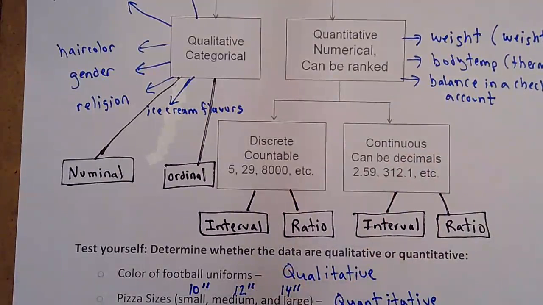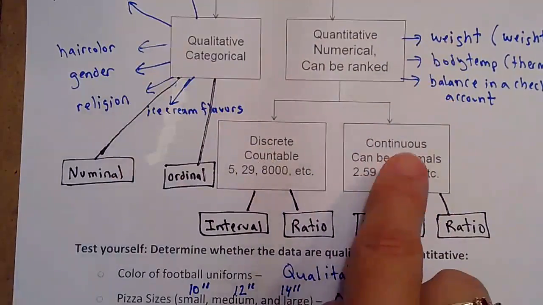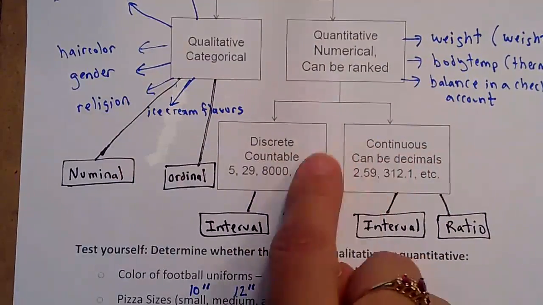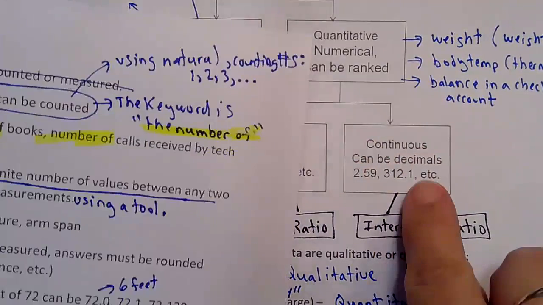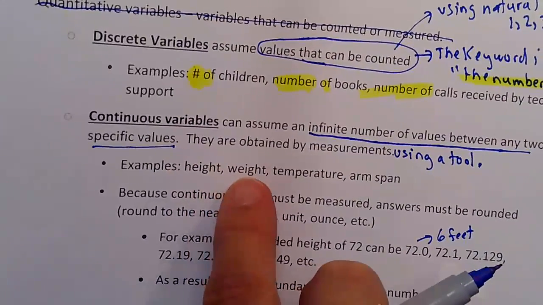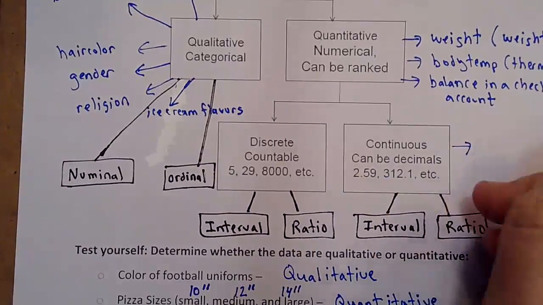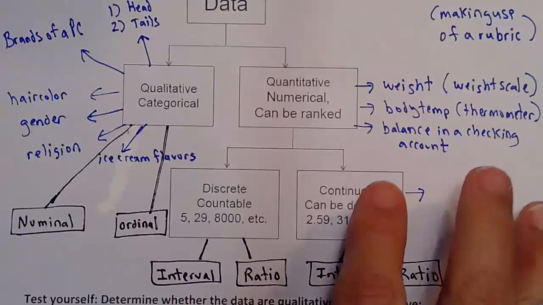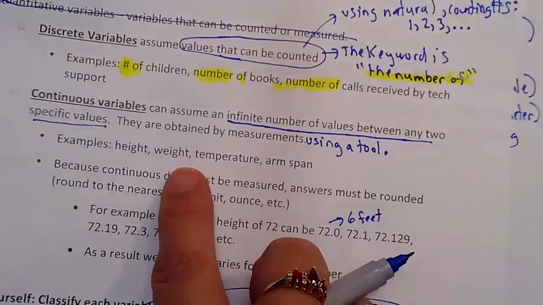And what I'm also thinking of doing, now that I'm looking at that, you know how I had little examples here and little examples here. I could probably put some little examples here, under continuous. Remember I had some examples: height, weight, temperature, arm span. Some of them are similar, like weight, and we do have weight here.